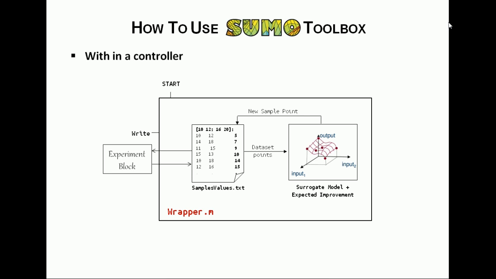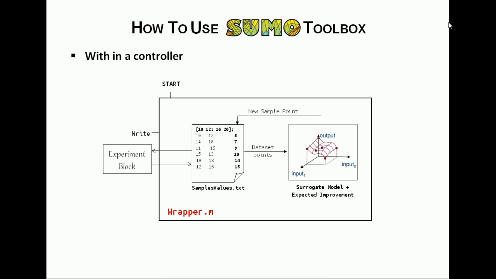In sum, the interface to this SUMO toolbox is very simple. Add samples and values to the file and call the wrapper MATLAB program. Wait until the optimizer finishes, and then retrieve the new sample from the same file. And then you can continue until the stopping conditions are fulfilled.